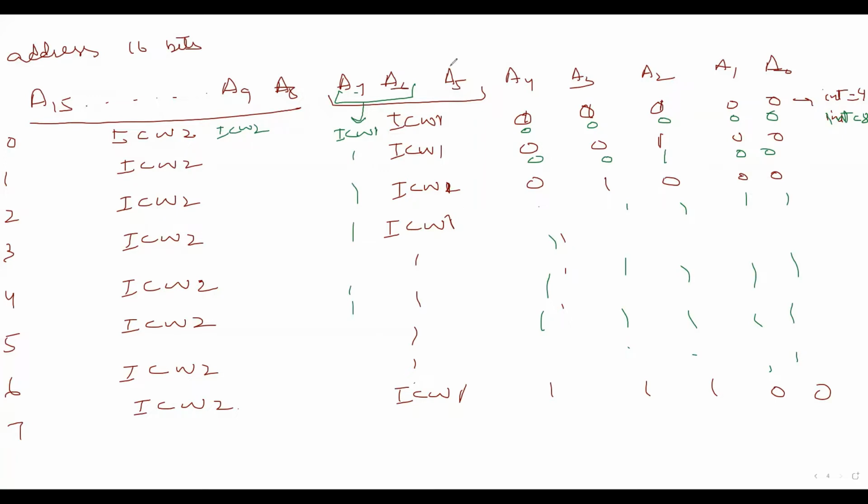This A5 will be 0, 0, 0, 0, 1, 1, 1. So this is the difference between having an interval of 4 and an interval of 8. So we have understood how these command words are used to generate the addresses as well.